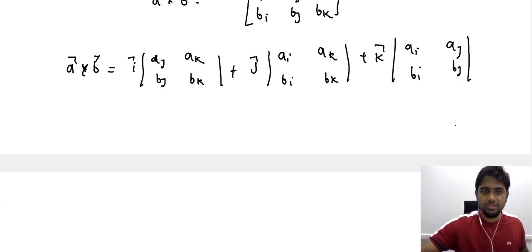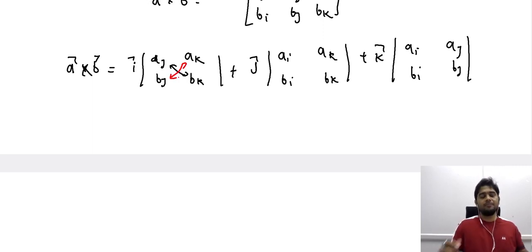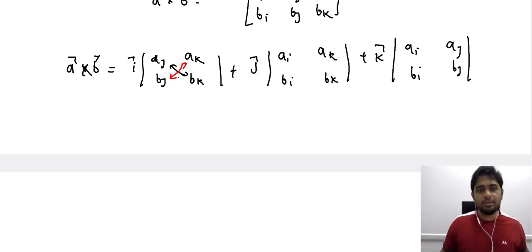So this is how the cross product of vectors A and B looks when you expand it. Of course, you can further expand it. You multiply these two and then subtract from these two here. When you do that, you have a simplistic representation of the cross product of two vectors.